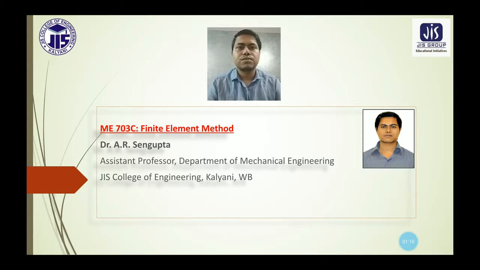Next, we have discussed different numericals based on the finite element equation and how to find the nodal displacement, then the strain energy, then different reaction forces, stress, strain, all these things we have discussed. Next, we have considered some temperature effect, and considering that temperature effect, we have discussed different numericals where we have found the thermal stress for this one-dimensional bar element.